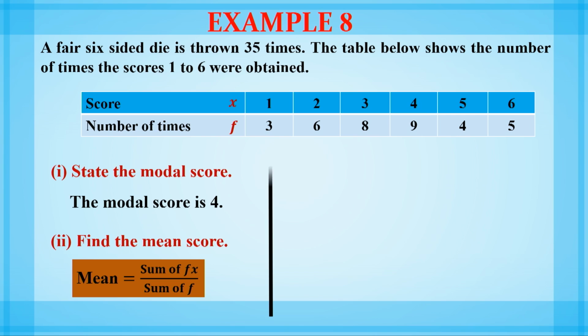You can add an additional row to represent the product fx. The first value in this row is 1 multiplied by 3, which is equal to 3. The second value is 2 times 6, which is equal to 12. Similarly, you can find the remaining values in this row.